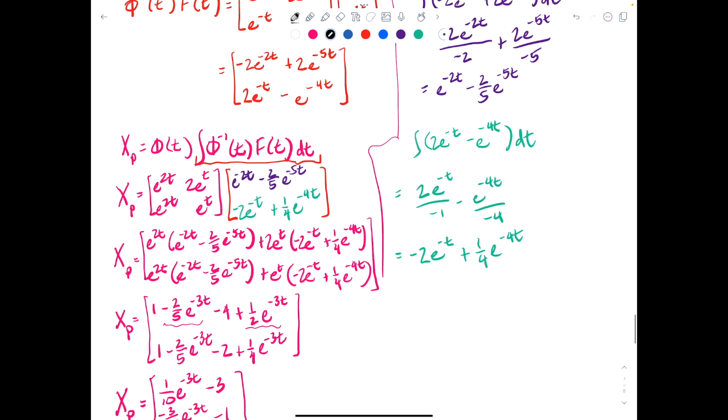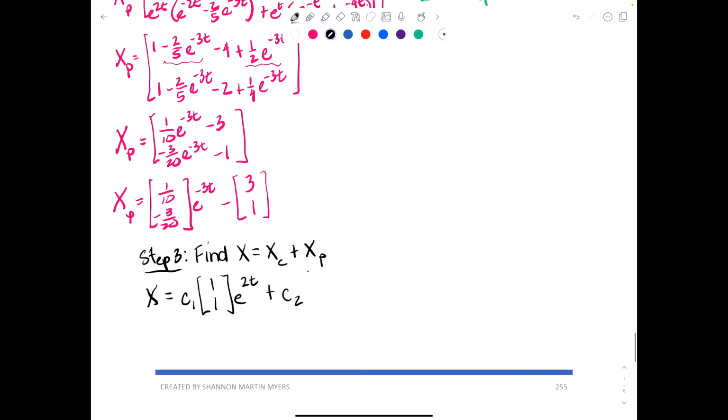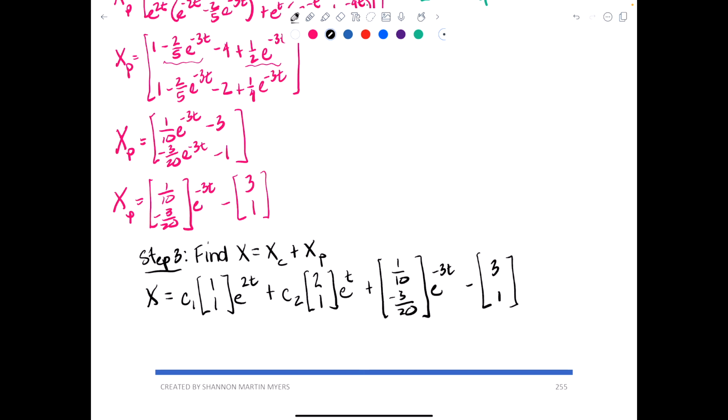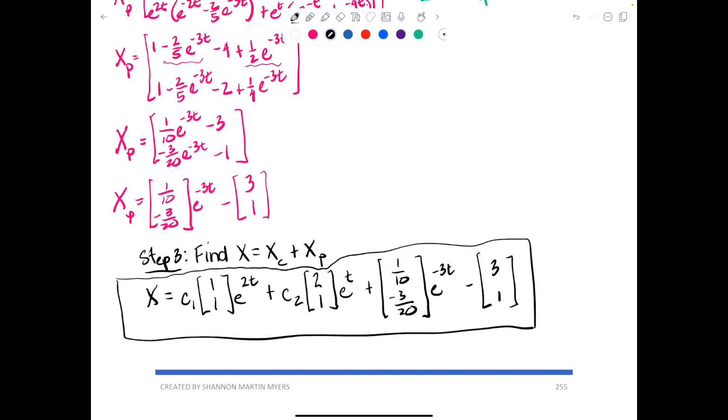Yep, e to the t. And then plus 1/10, negative 3/20 times e to the negative 3t minus 3 and 1. And that's it. And we're all done.